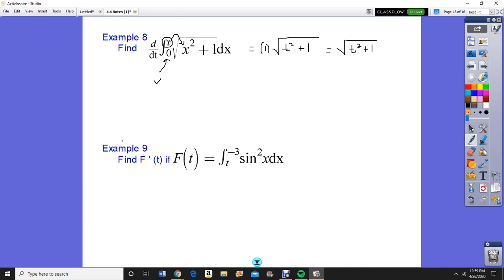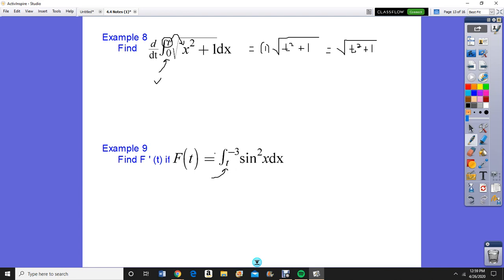We'll go now to example 9. Find f prime of t if f of t is this integral. I have an issue right away, because my lower bound is the variable expression and the upper bound is this constant.